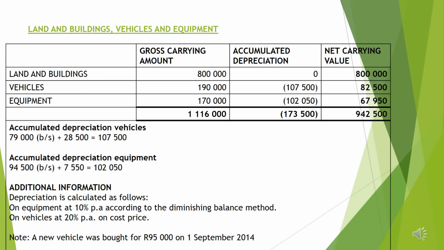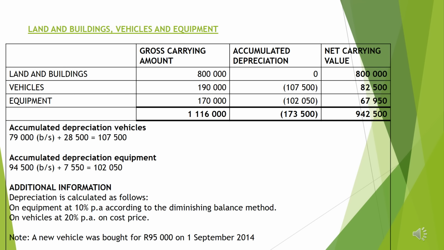Now, we need to look at your accumulated depreciation. We are looking at the opening balance of your accumulated depreciation plus the depreciation of the year, which will give us your net carrying value at the end of the financial year.